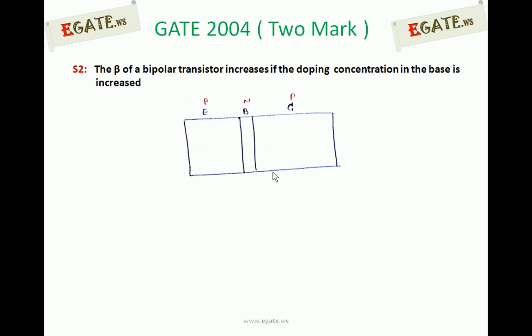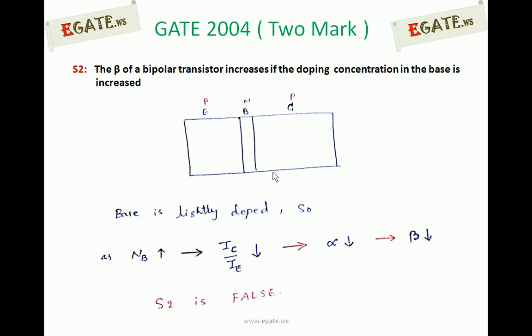Since the base is lightly doped, as the charge carriers move from emitter towards collector through the base, very few recombinations take place. If we increase the doping concentration of the base, the number of recombinations will be more. More recombinations means the effective number of holes reaching the collector will be less. So the ratio IC by IE is going to reduce.